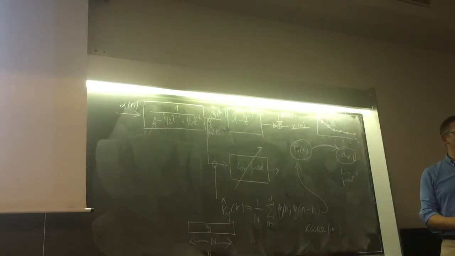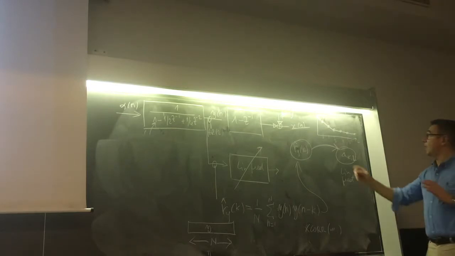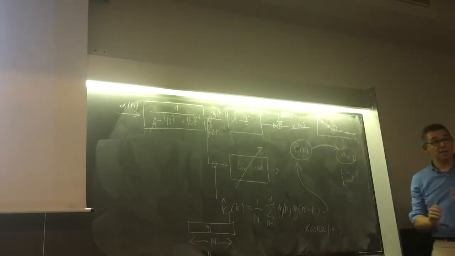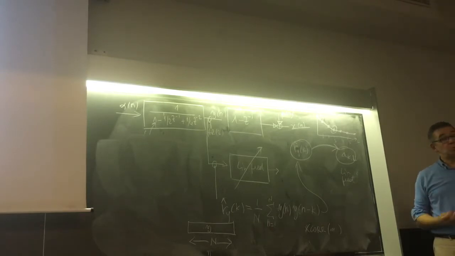So what did we discover here? We discovered that a linear predictor of order 3 is enough to pre-whiten the data.